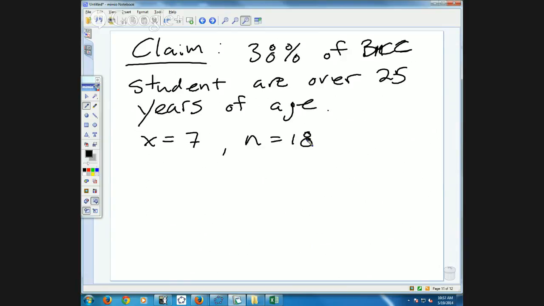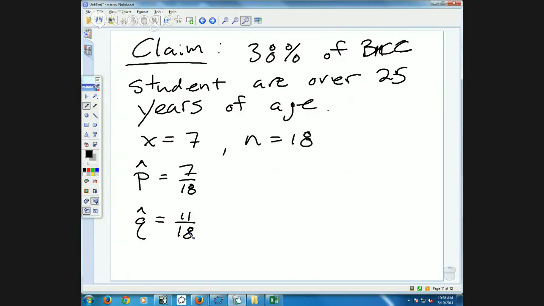All right. So let's calculate p hat. P hat is exactly 7 out of 18. So that means I know q hat has to be 11 out of 18, because if there's 18 total, 11 must be 25 or under.